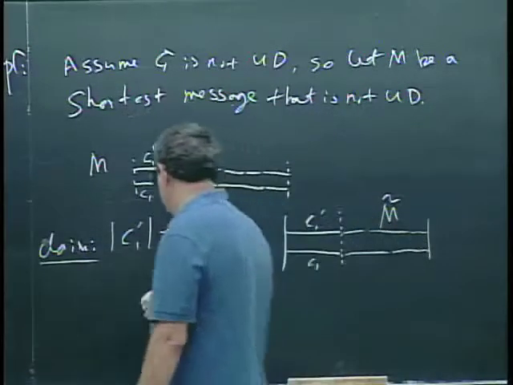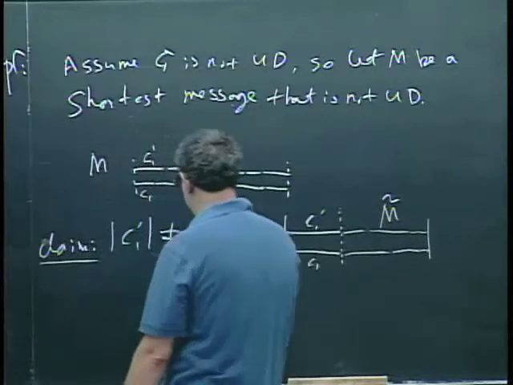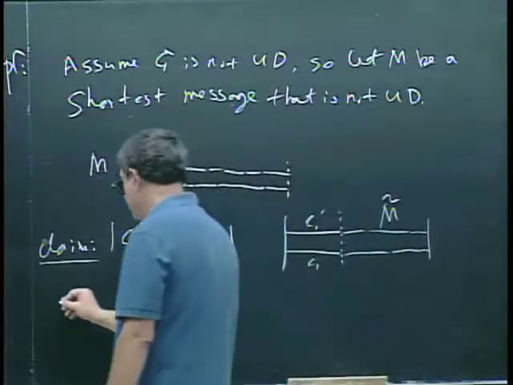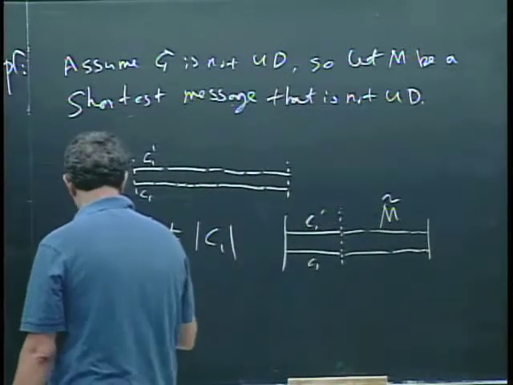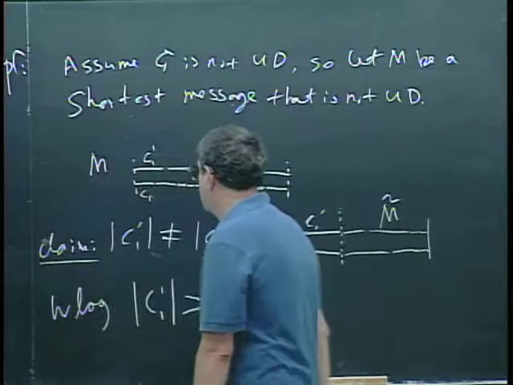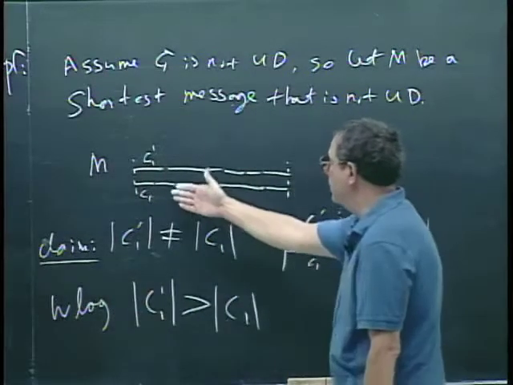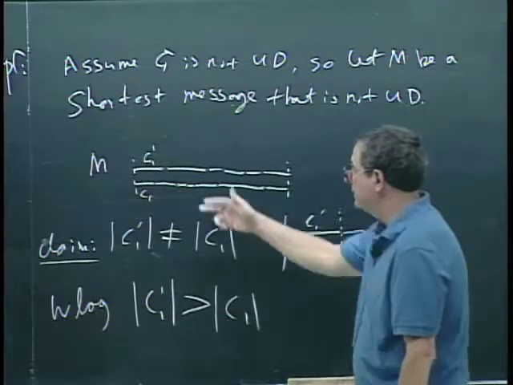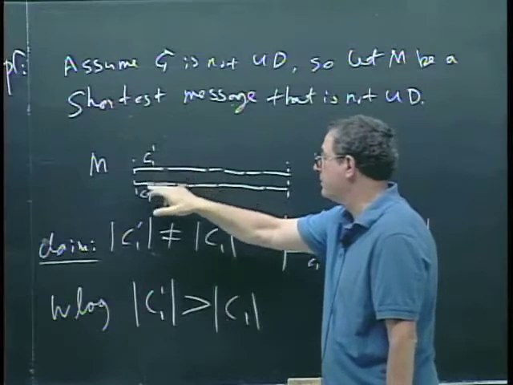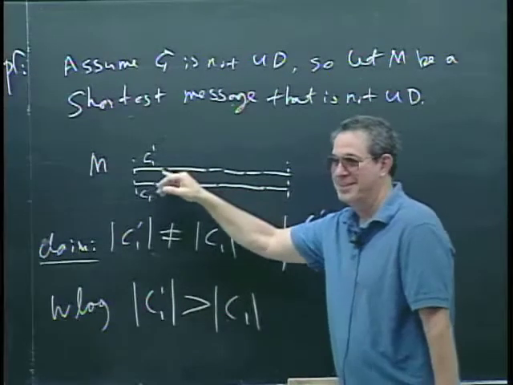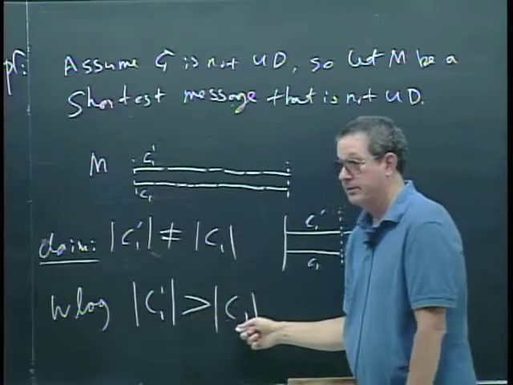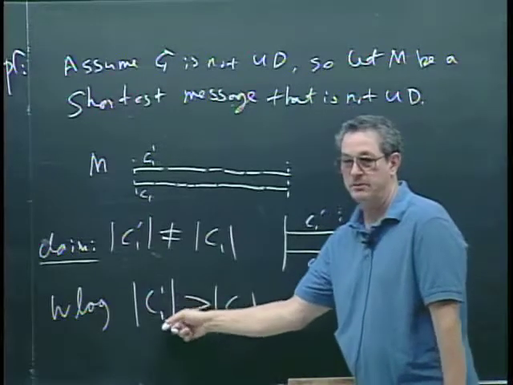So we have this conclusion that the length of C1 prime is not equal to the length of C1, and then we can just assume, without loss of generality, that the length of C1 prime is strictly bigger than that of C1. So when we begin looking at the two parses, of the two first code words, one has to be strictly larger than the other, and I'll just let that be C1 prime.